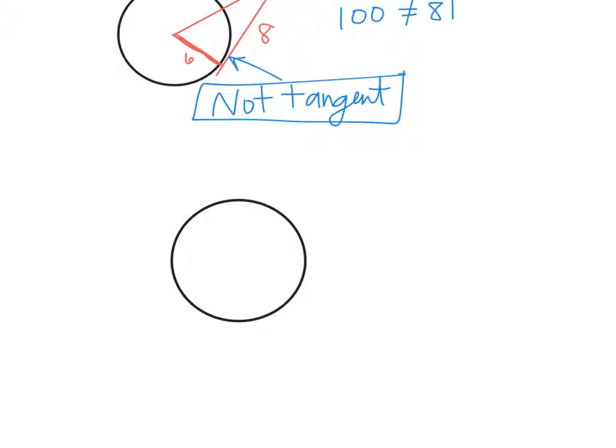Okay, so let's say we have this circle, and we have a tangent line here, and a tangent line here. Okay, so here's a point of tangency. Here's the point of tangency. The theorem says because they are both tangent and they meet out here, those two segments are the same length.